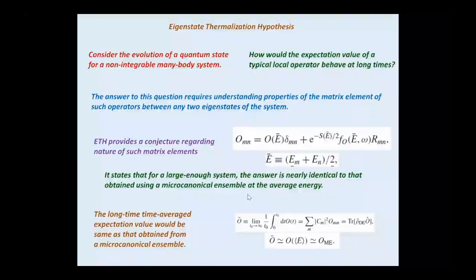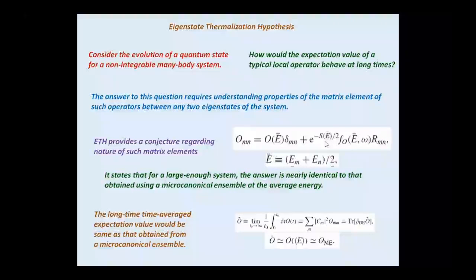eigenstates. What the eigenstate thermalization hypothesis provides is a conjecture, which is not yet proven, regarding the nature of such matrix elements. All it says is that for a typical local operator, the matrix element between any two eigenstates has a diagonal term, that's the first term, and the off-diagonal part is suppressed because it has an exponential to the power of the entropy S of E, which is an extensive quantity.